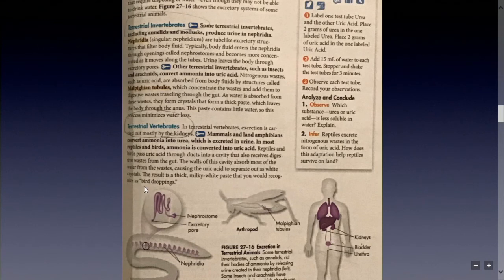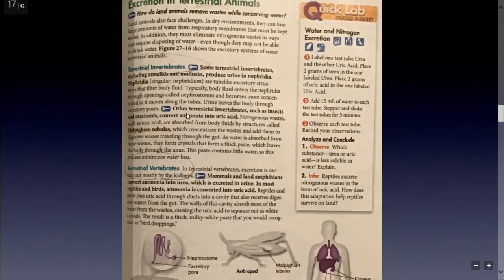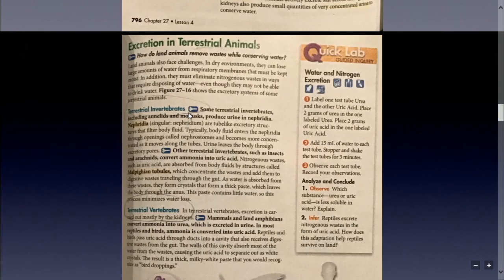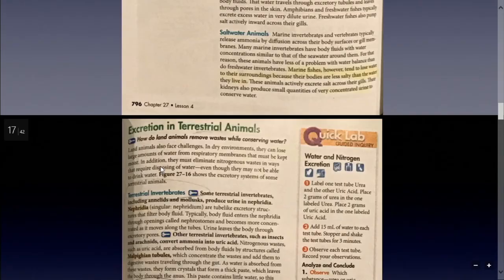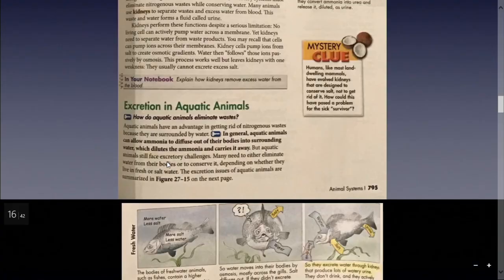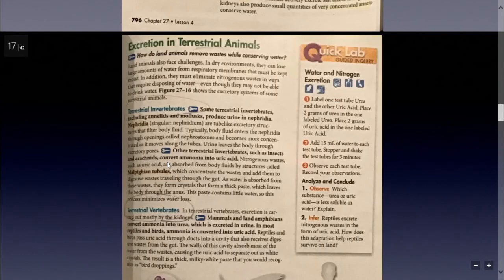Let me scoot a little closer here. Oh, where did I see that sentence? There it is. It's because it was bold. I'm trying to look for a sentence that wasn't bold.